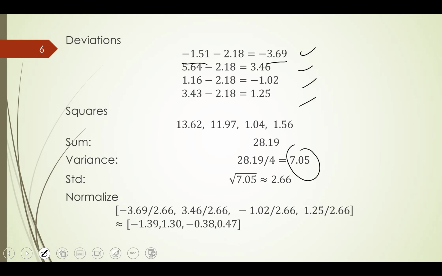To get the standard deviation, we take the square root of the variance. Then the deviation of each value over the standard deviation gives us the normalization for the first row.